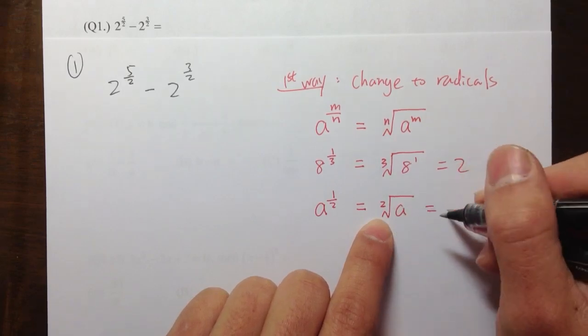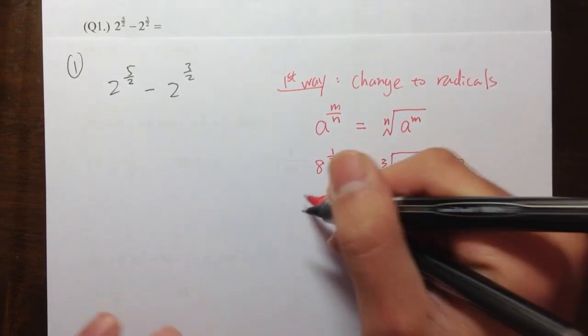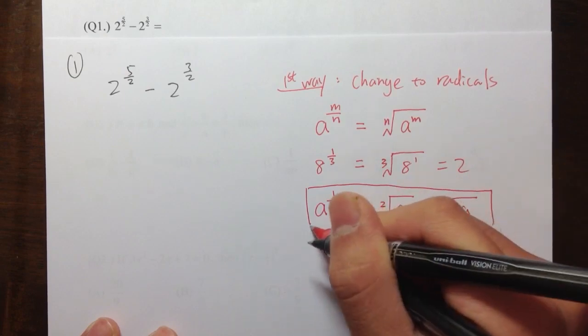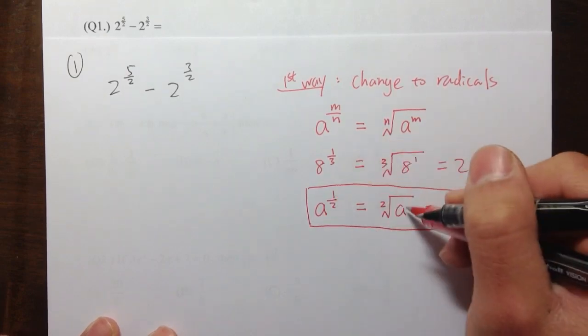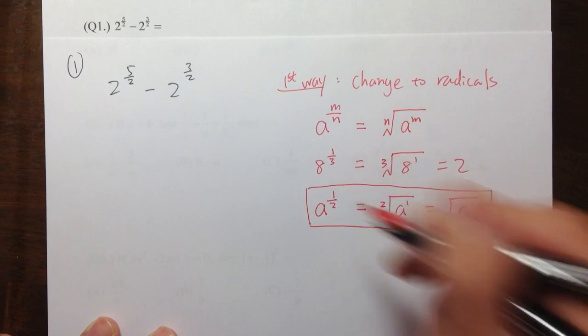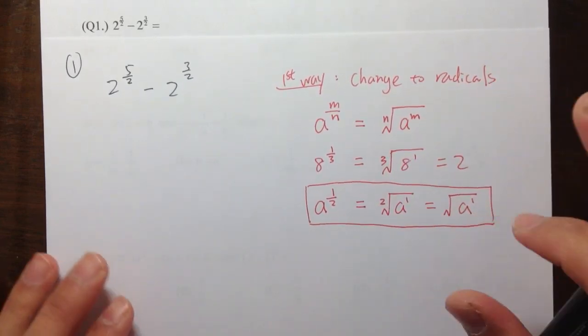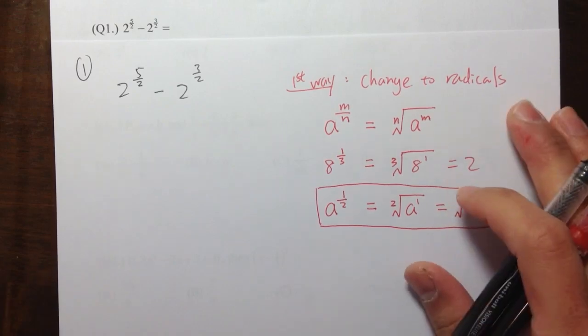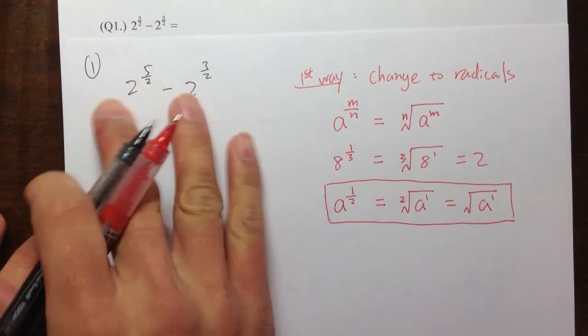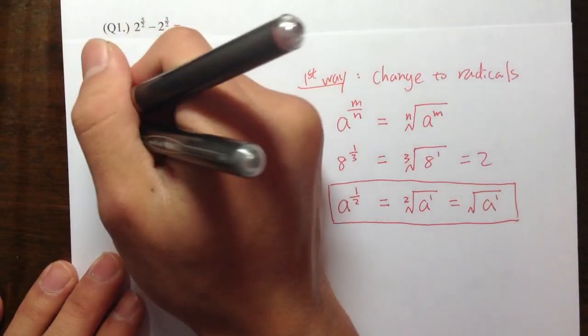So we can just write this as the normal square root of a. And technically the a to the first power, I want to match with whatever I have on top. So that's the idea of rational exponents. We're going to use this to simplify this question.